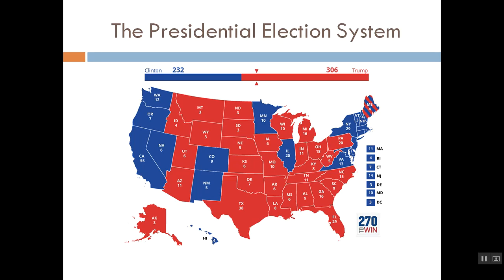So what we're going to discover is that if you use a system like Maine's or Nebraska's, where you allot the proportion of electors selected by a candidate's party according to the proportion of the popular vote they receive, you start to see more minority party members participating. Republicans are a minority in Maine, and yet they were able to secure an entire electoral vote for Donald Trump.